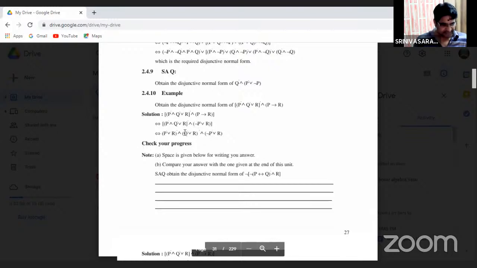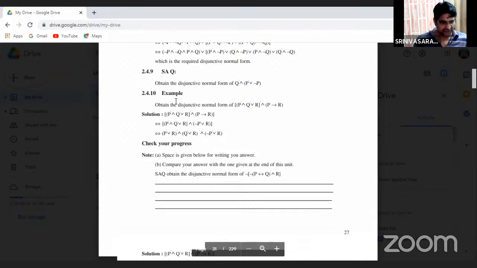At the same time, the distributive condition is also applied: (P or R) and (Q or R) and (negation P or capital R). This expression is in the same manner, there is no change. But this expression can also be written as (P or R) and (Q or R) by the distributive condition. That's enough.